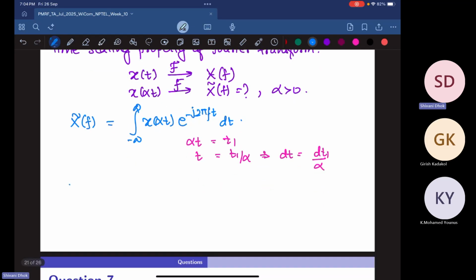Therefore X tilde of f becomes the integral from minus infinity to infinity of x of t1 times e power minus j 2 pi f t1 by alpha into dt1 by alpha.